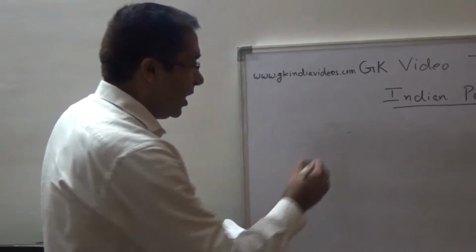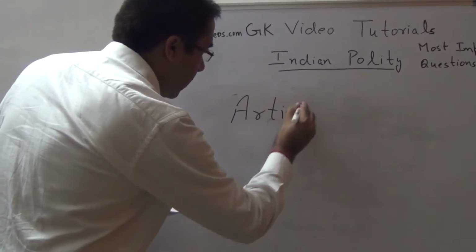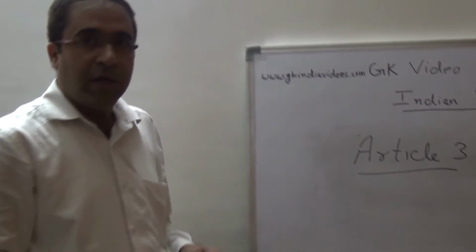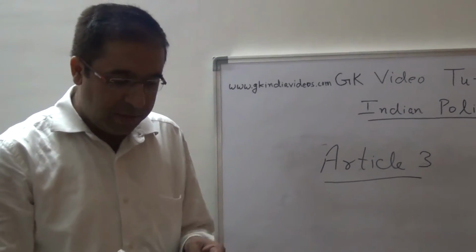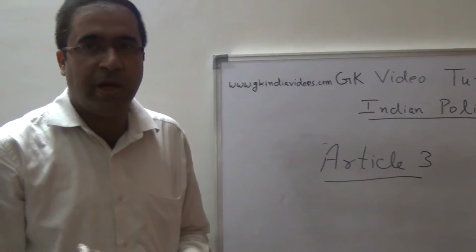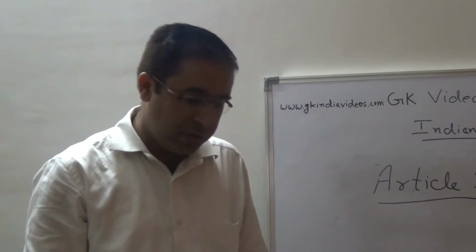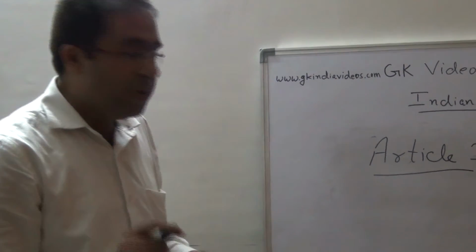Then there is Article 3 of the Indian Constitution. In Article 3, what is mentioned is that the Parliament can alter the name and boundary of the states, or it can increase or decrease the area of any state by simple majority.